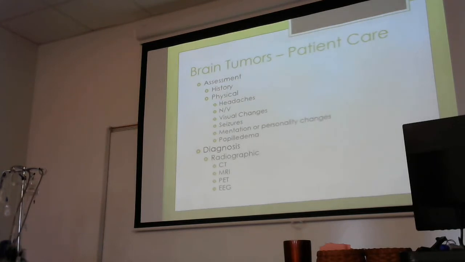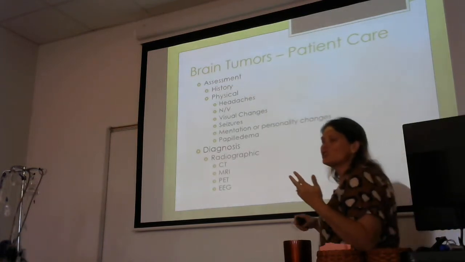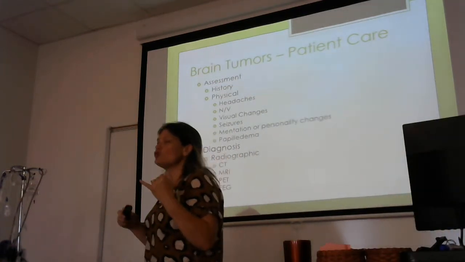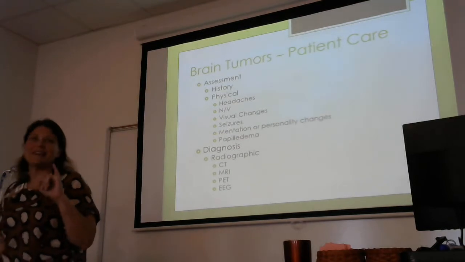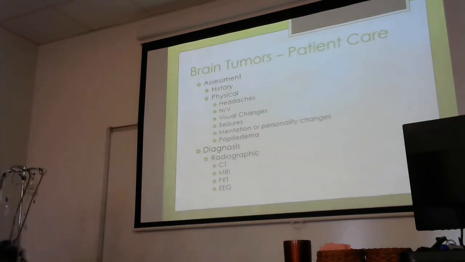When a patient comes into the ER, and most tumors, by the way, are not diagnosed or found in the ER, but when a patient comes into the ER, it's usually either a severe migraine that they can't get rid of, that they've been seeking treatment for and have not gotten relief from, or they come in with a new onset of seizures.